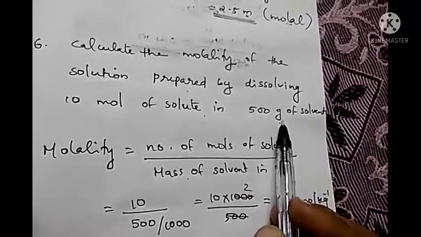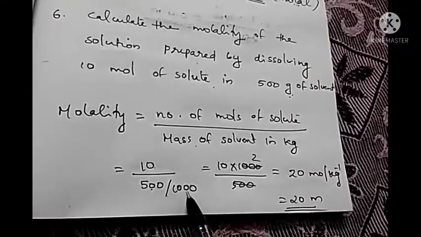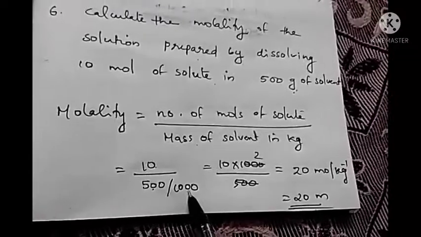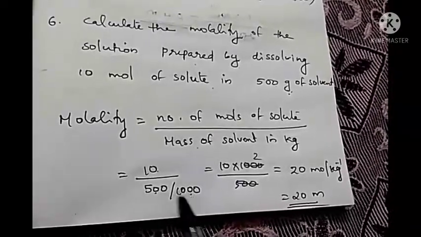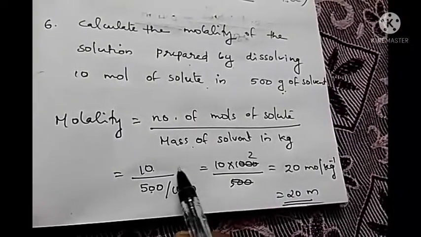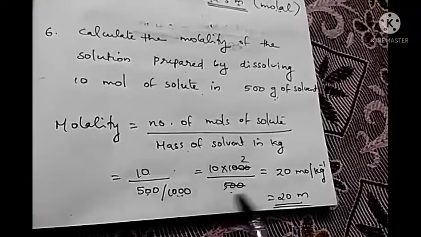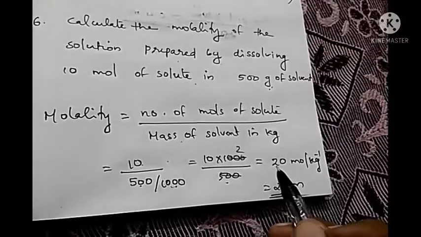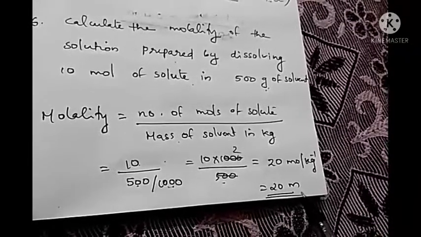For that we have to divide by 1000. So we can write 10 divided by 500 divided by 1000. That is the mass of solvent in kilogram. When we simplify, this 1000 will come to the numerator side. So we get 10 into 1000 divided by 500, and simplifying, we get the answer 20. 20 mole per kilogram, or we can write 20 molal.